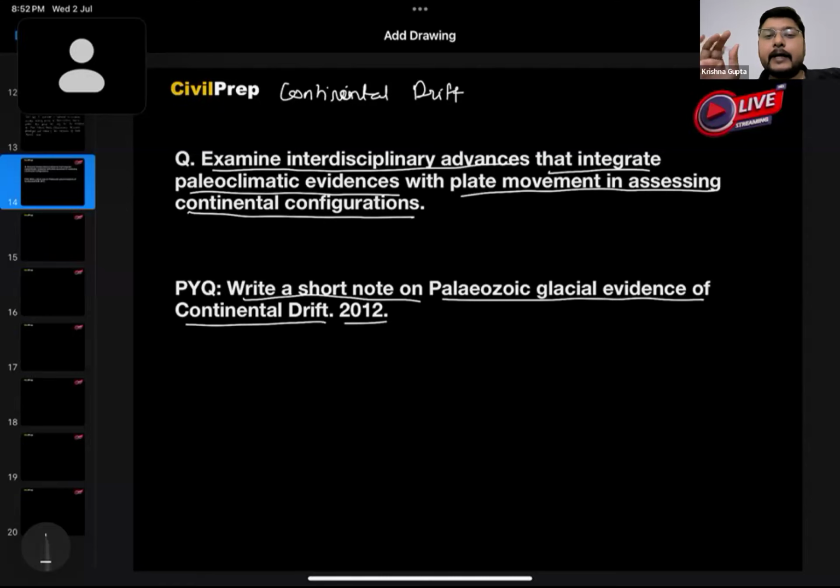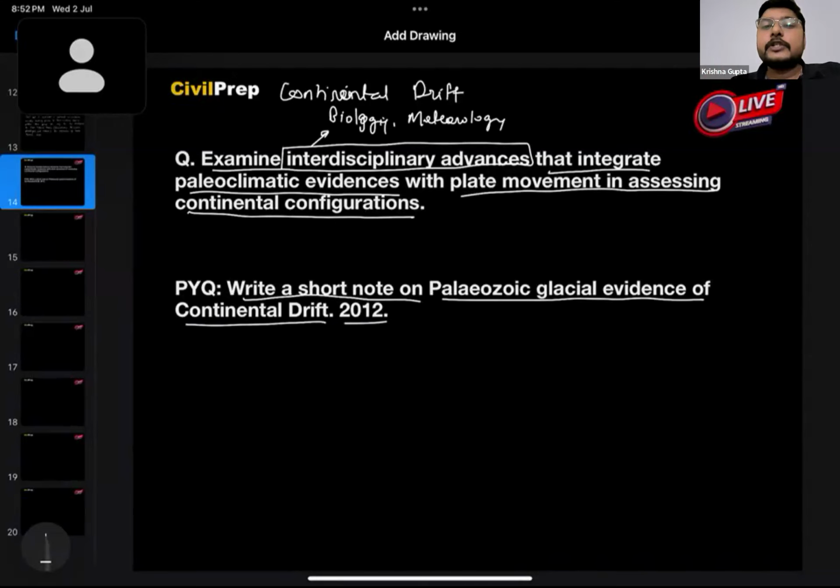Now, if we look at the nature of the question, the interdisciplinary advances. So what does this mean? This means that it is related to biology, meteorology, geology, then magnetism.